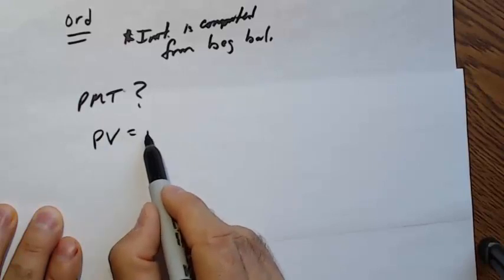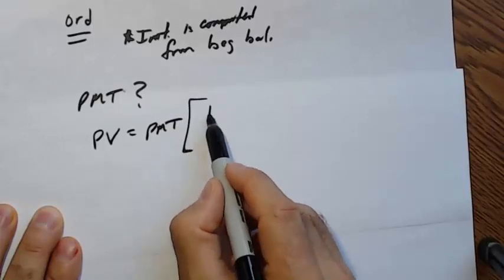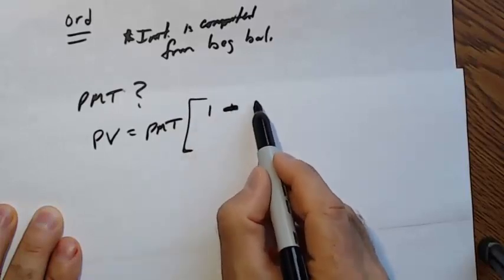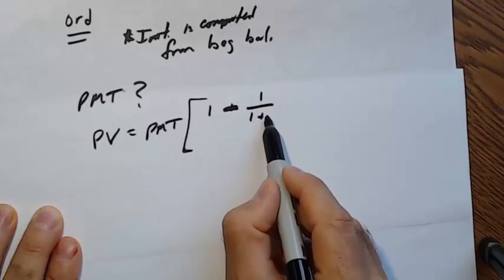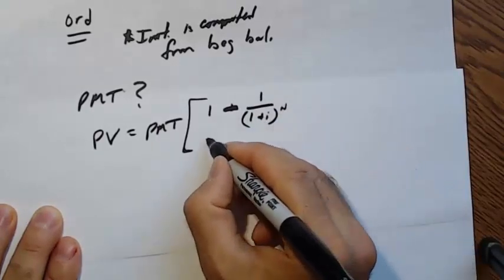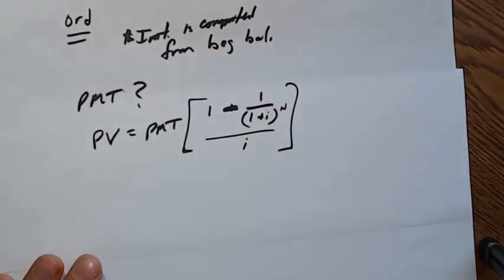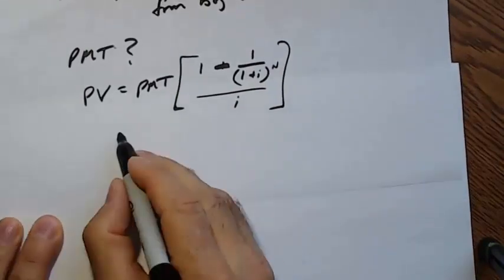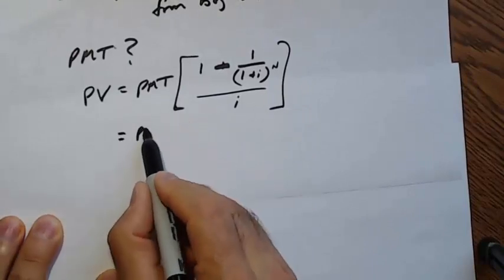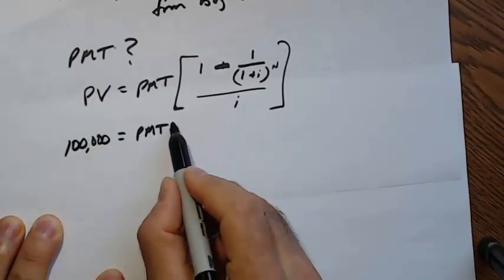Present value equals payment times, oops, it's a minus. Here's the formula that I showed you for the present value of an annuity right here. Plug the numbers in and we're going to solve for payment. So this is $100,000.